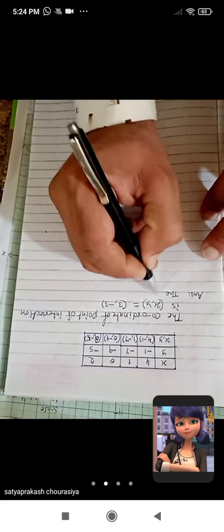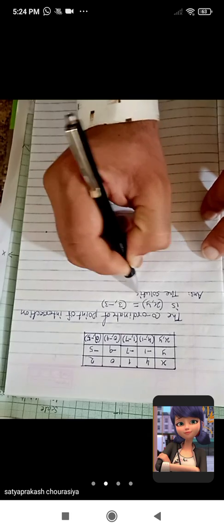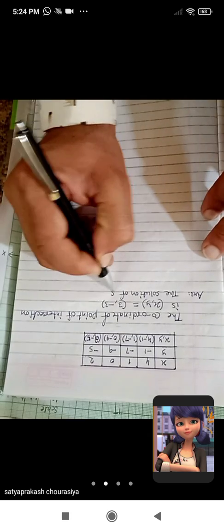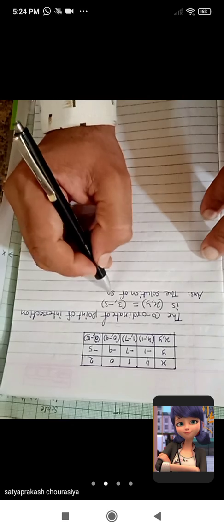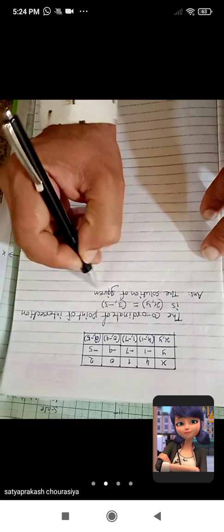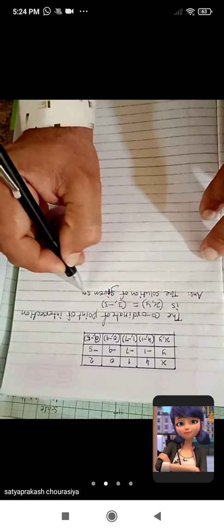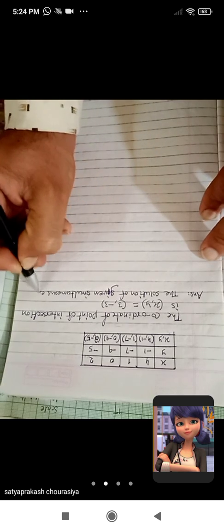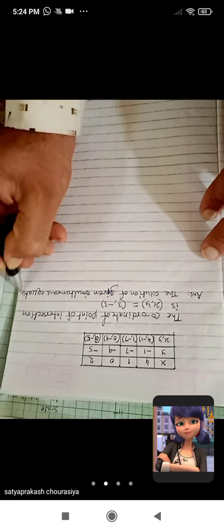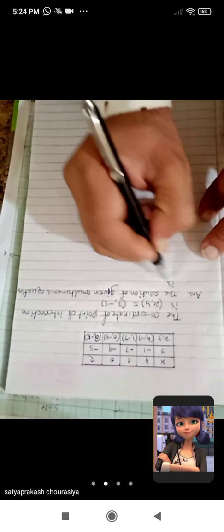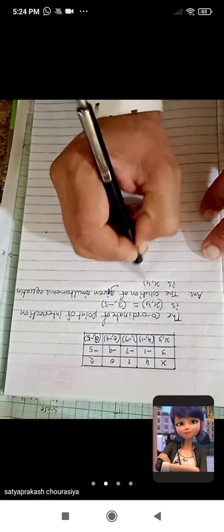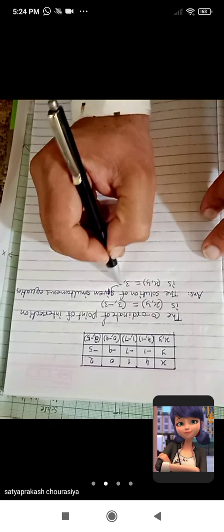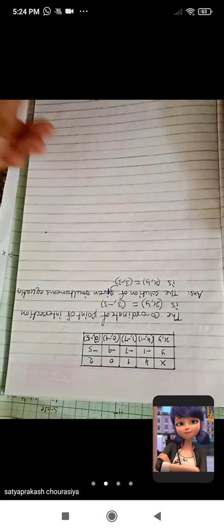Therefore the solution of the given simultaneous equations is 3 comma minus 3.